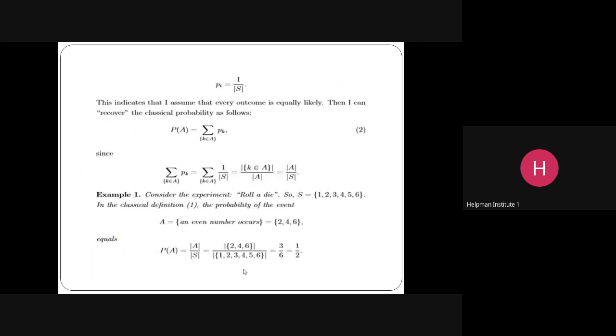So if we take an event from the total sample space S, I can define the probability P of i equal to 1 all over the total. This indicates that we assume that every outcome is equally likely. Then we can recover the classical probability as follows.